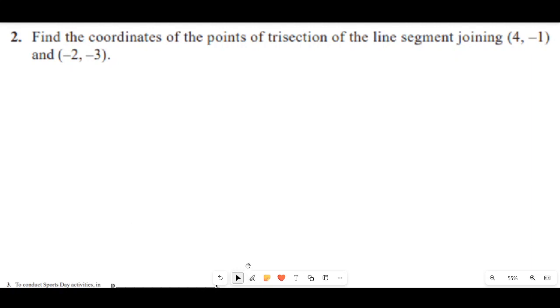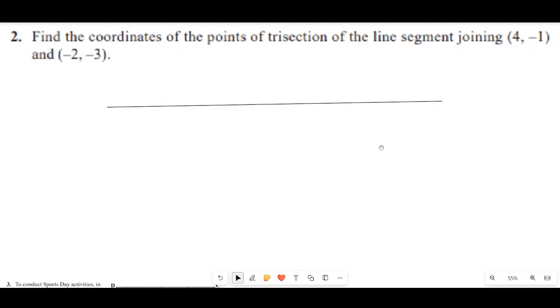This question says: find the coordinates of the points of trisection of the line segment joining these points. That means we should divide a line into 3 equal parts. First we should draw a line.